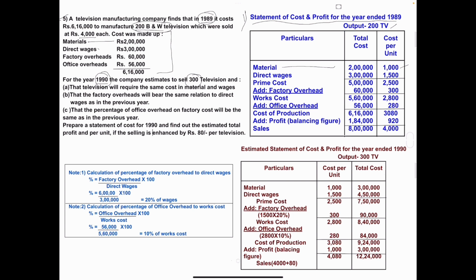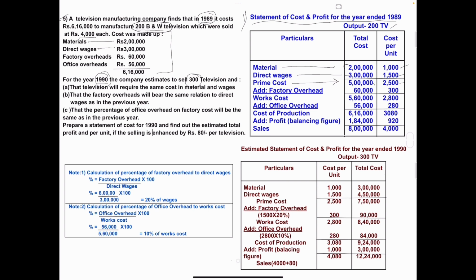Next, direct wages. Direct wages amount is 3 lakh. Cost per unit 3 lakh divided by 200, number of units produced, 1500. Add these two. 2 lakh plus 3 lakh, total is 5 lakh, and per unit column 1000 plus 1500, total is 2500, and this is called prime cost.